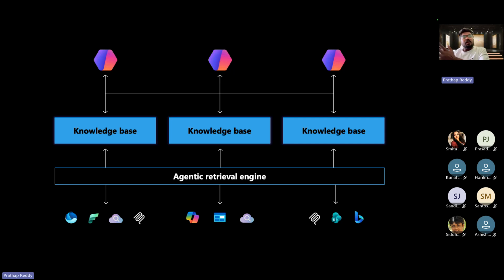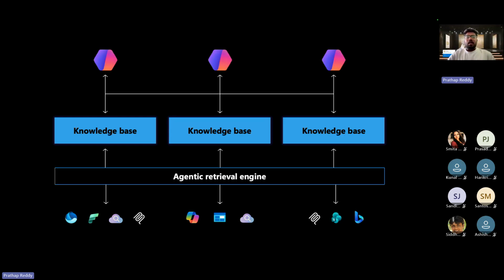Another knowledge base retrieves information from MCP, SharePoint, and Bing search. This is the way we can extract the information and make it one agentic retrieval engine with n number of knowledge bases under it. We can also create custom connectors. We get the knowledge base, connect it to the agent, and it will try to give the best responses out of it.